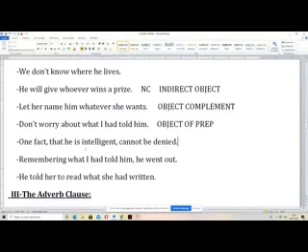So you see the different positions a noun clause may take: subject, object, indirect object, direct object, object complement, objects of prepositions, of participles, of infinitives.